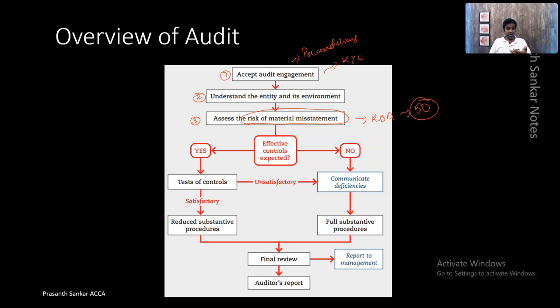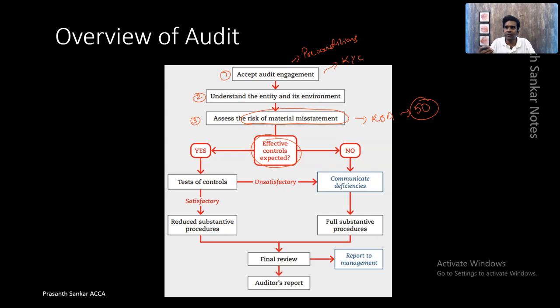One of the ways he tries to prove this is through checking the controls, because the primary objective of the control is to ensure that there is no risk of material misstatement. When we do control testing, it is divided into two parts. The first question we ask is whether there are controls in the company or not. If it is a small company, they might not have enough controls.